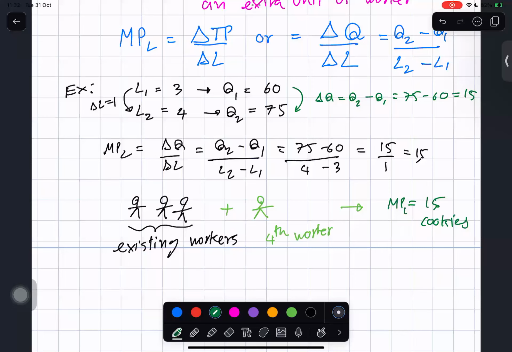We measure total output again. Total output becomes 75. So incremental output is 15, divided by incremental L, which is 1. So marginal product right now is 15. Extra output from an extra worker.